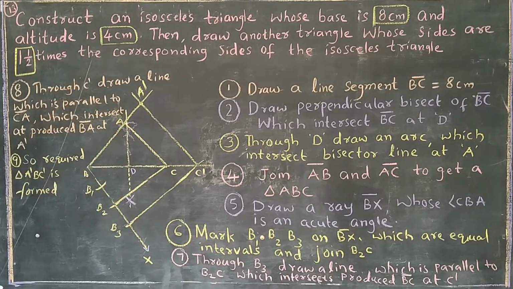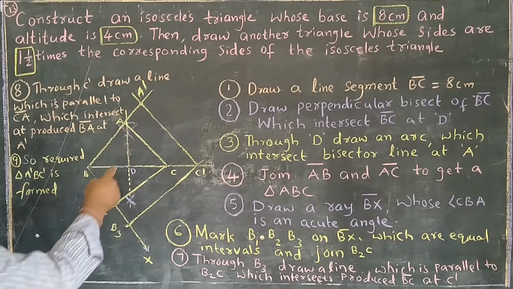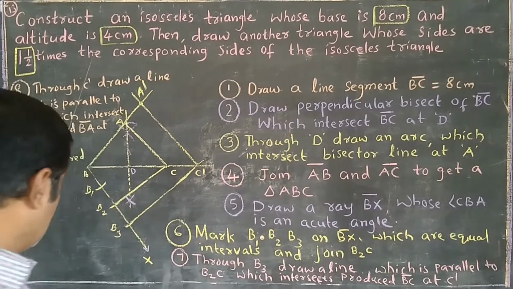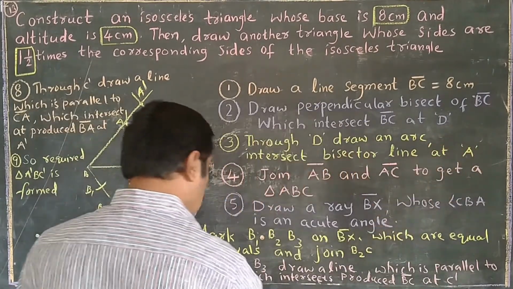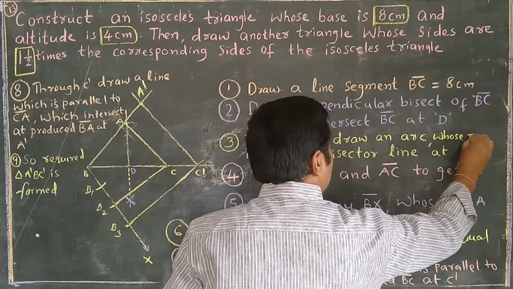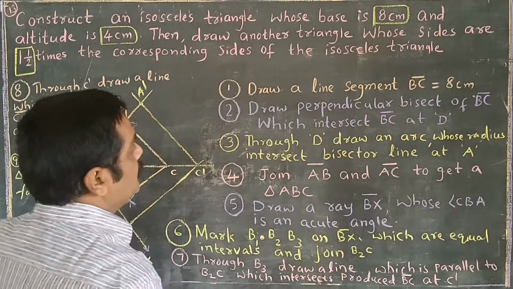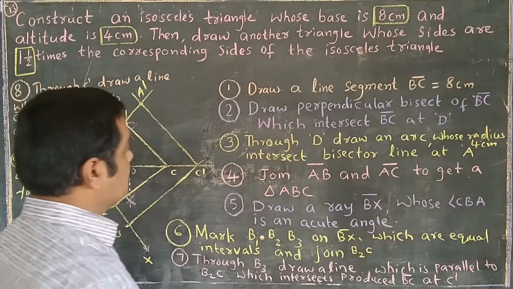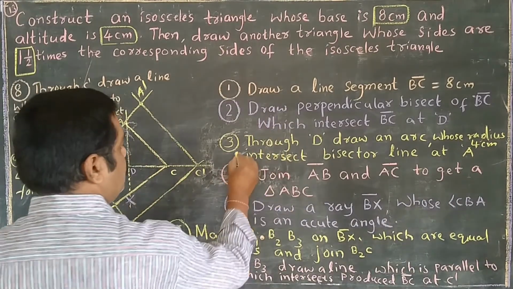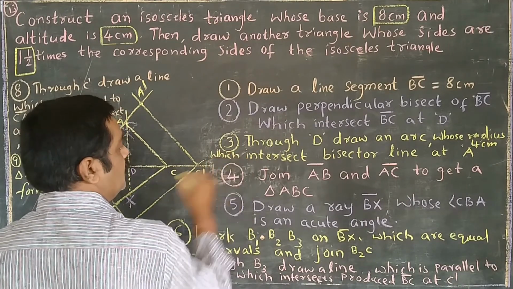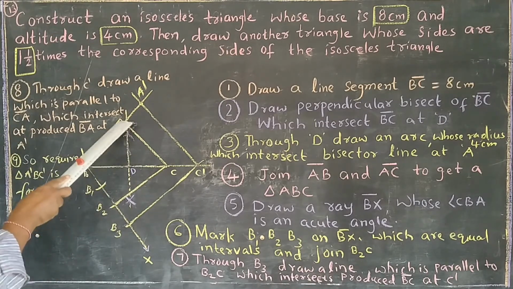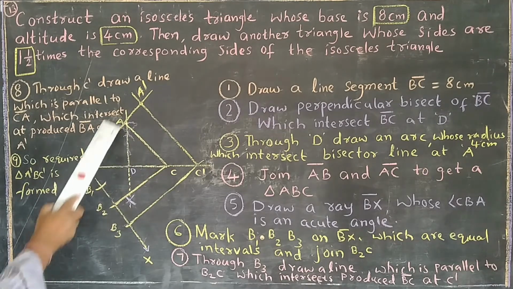This is the perpendicular bisector line, which intersects BC at D. Through D, draw an arc whose radius is 4 centimeters, which intersects the bisector line at A. Next, join AB and AC to get triangle ABC.